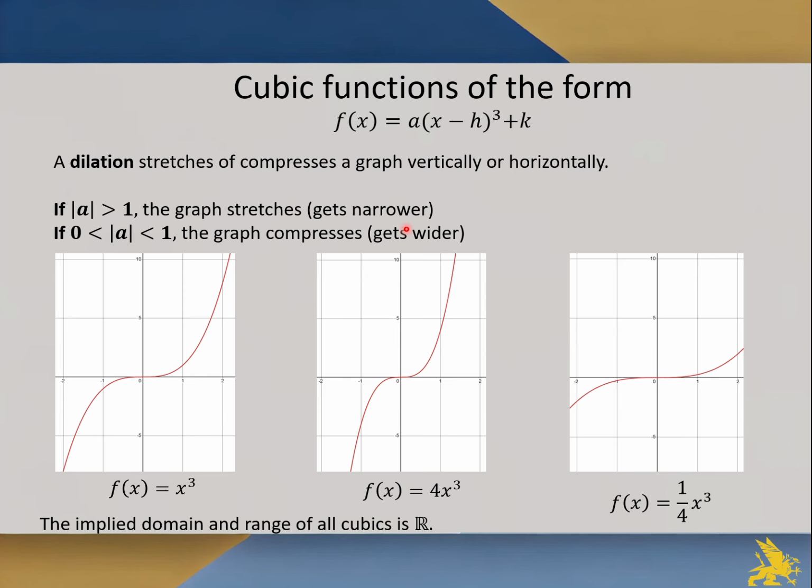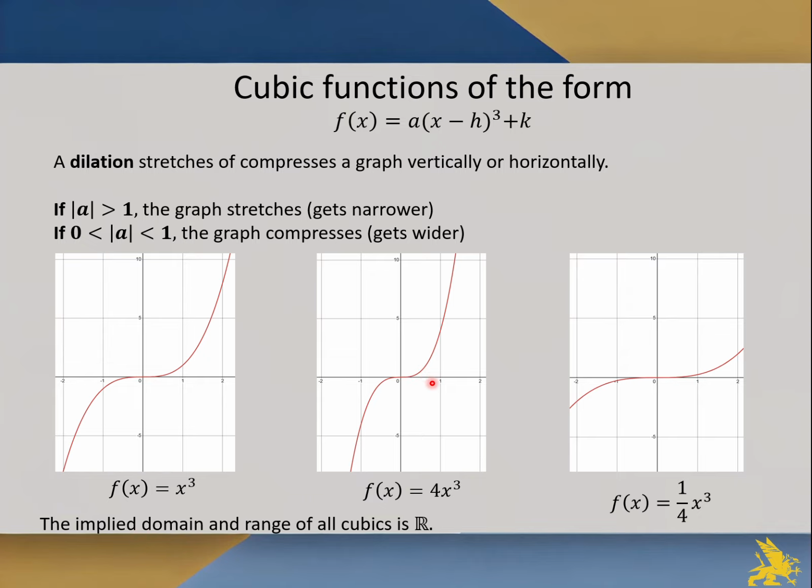So the first thing we need to be thinking about is we've talked a lot about dilation in the past, in the previous chapter. So dilation is that a value out the front of x to the power of 3. So we know that if the a is bigger than 1, what's going to happen is it's affecting our y value.